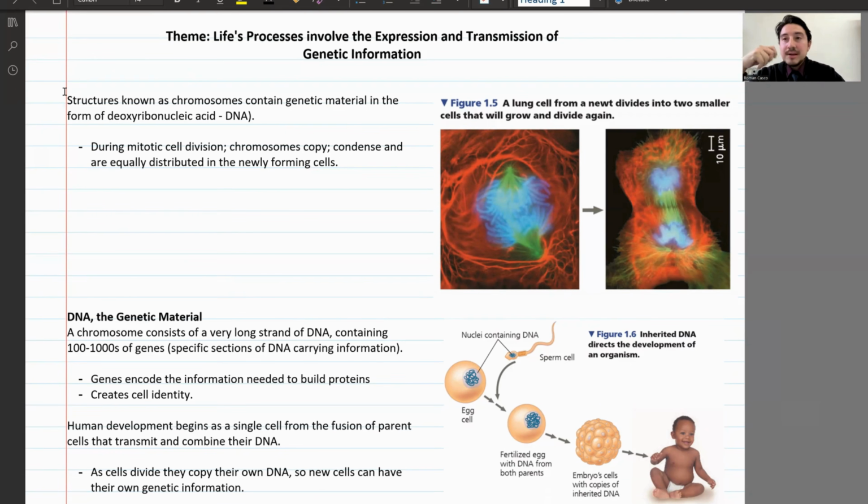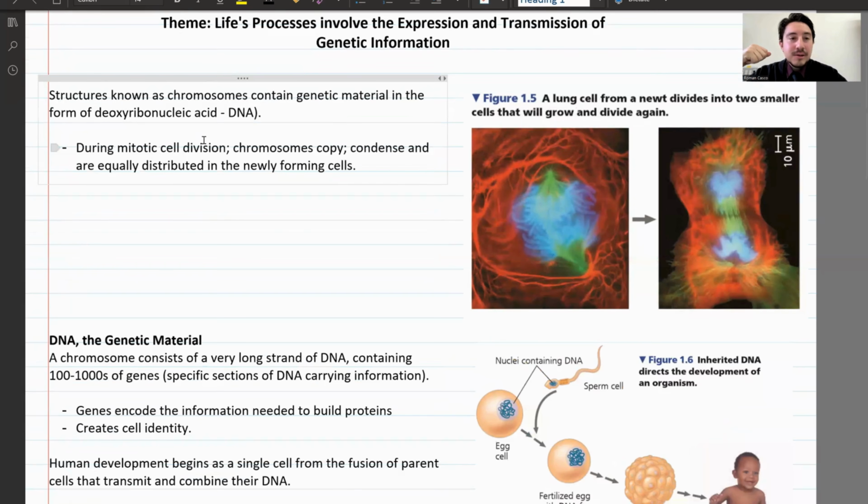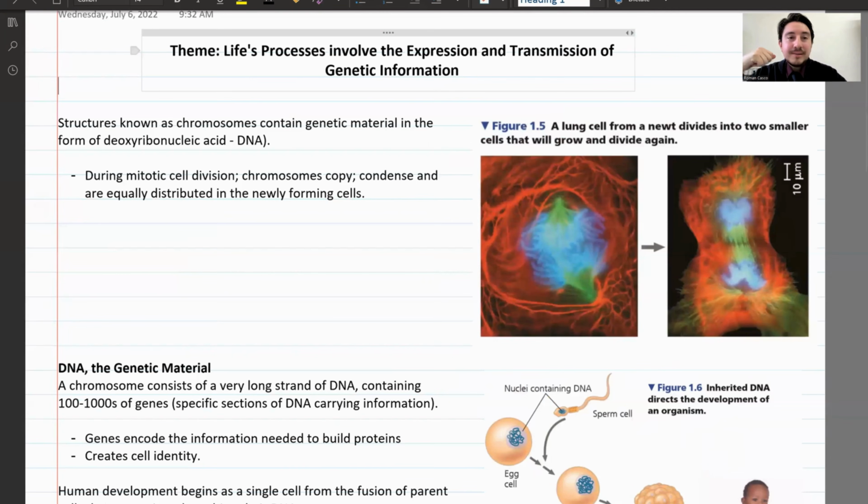And of course, you want to pass down this information from parent to offspring. But I'm getting ahead of myself. Let's get into some of the essentials. What is this information, the structure of information that I keep talking about?